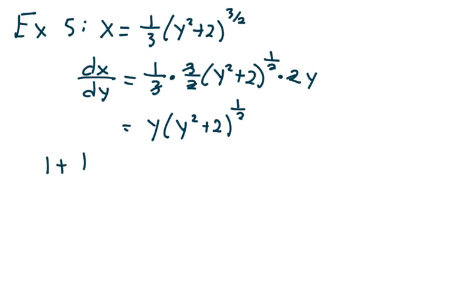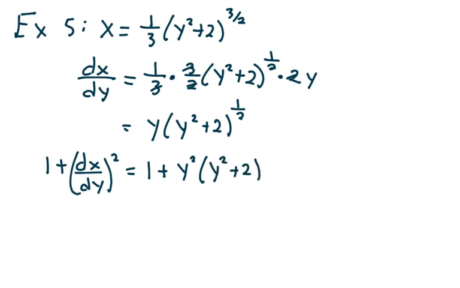So if I take 1 plus dx dy to the second, we get 1 plus y squared times y squared plus 2. So I just squared each factor. And so this is 1 plus y to the 4th plus 2y squared.